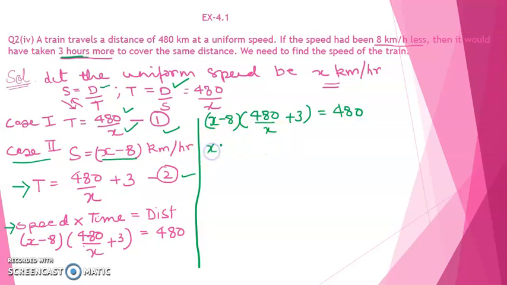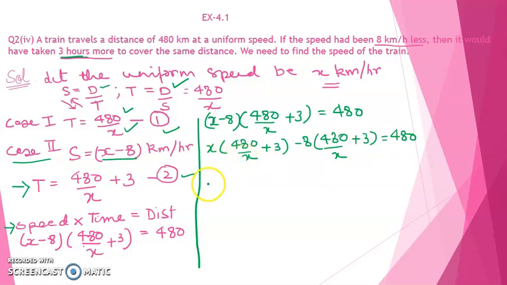So x will be multiplied by 480 upon x plus 3, minus 8 multiplied by 480 upon x plus 3, which is equal to 480, right?